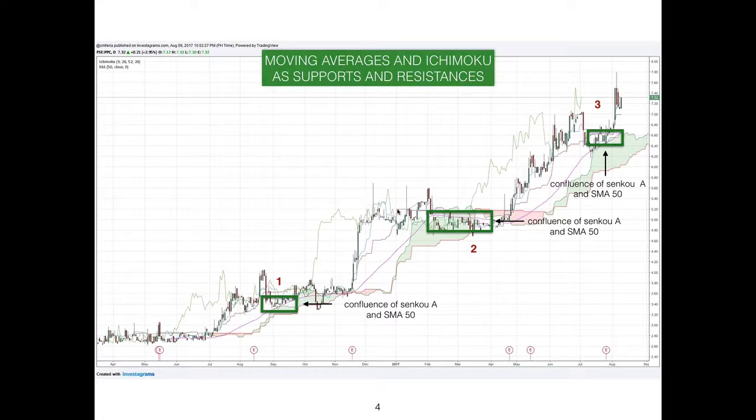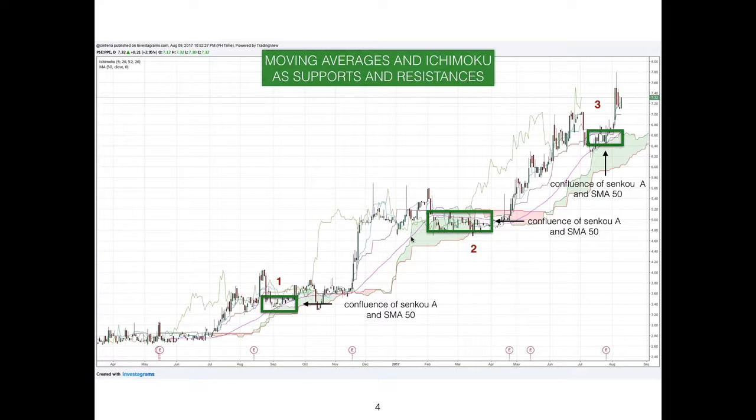So as prices consolidate sideways, the SMA 50 line also tends to slope downwards because this is merely a reflection of prices, or an average of prices. The Senkou span and the SMA 50 tend to have similar values once prices consolidate. Because the way they are computed is based on, for the Senkou A, 26 days highs and lows.